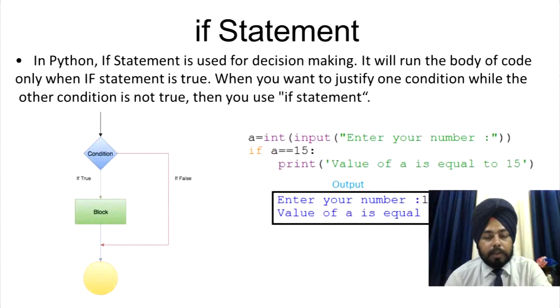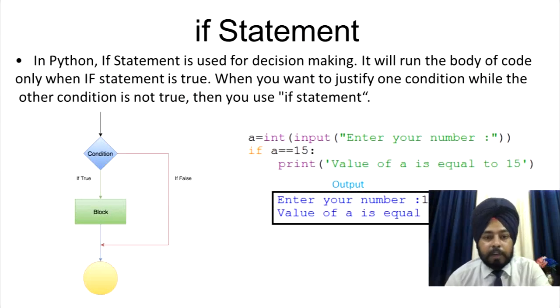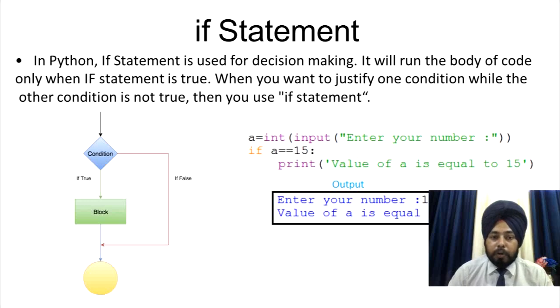The next topic is the if statement. In Python, the if statement is used for decision making. It will run the body of code only when the if statement is true. When you want to test one condition while the other condition is not true, then you use the if statement.